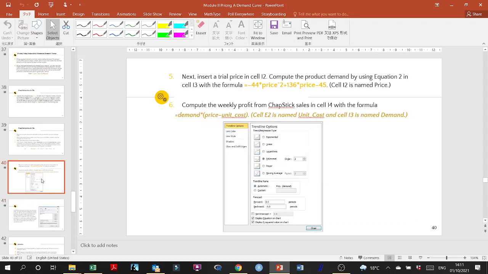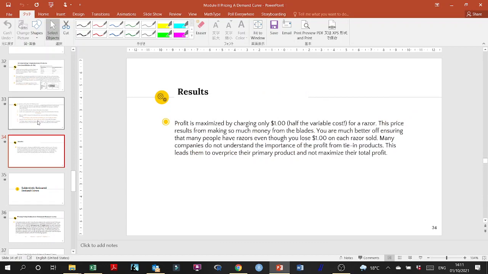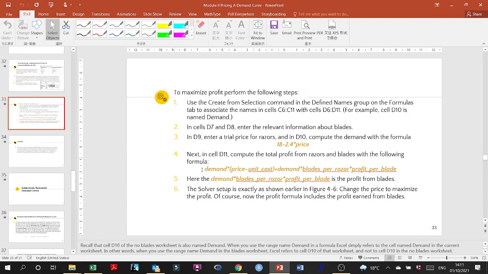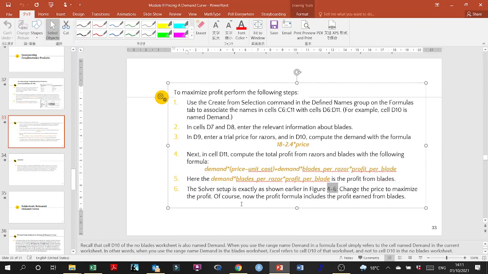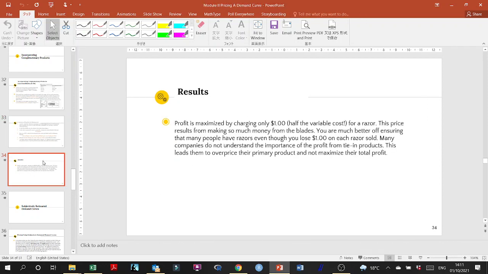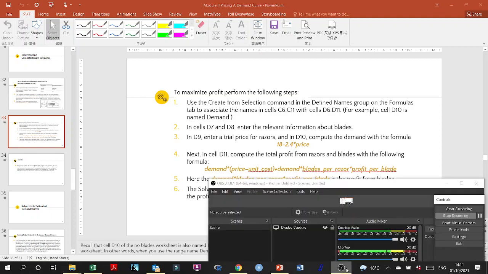How about I set up the solver with you in another Excel, in another video, so that you don't have to wait. I will also see where my slides have gone, because I have a figure that is not showing. There's something missing here, so I'm going to get it done and I will see you in the next video.